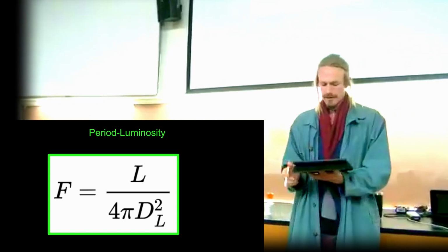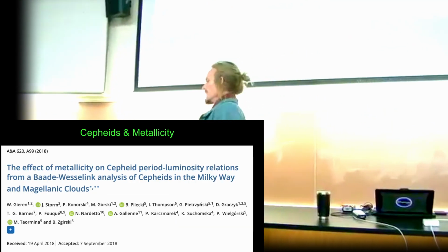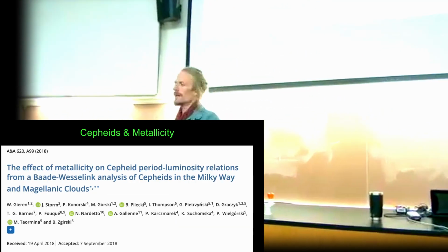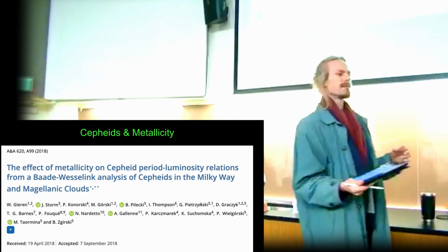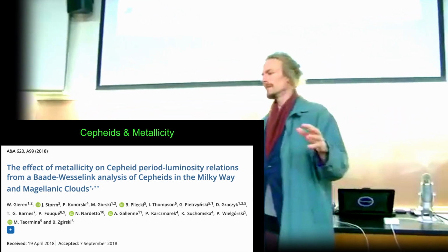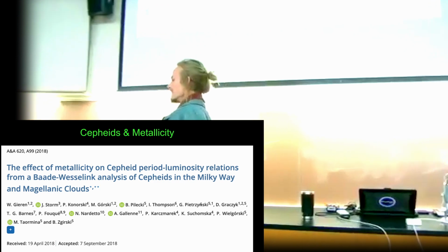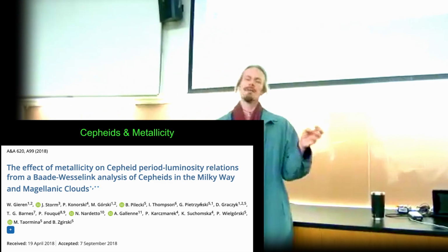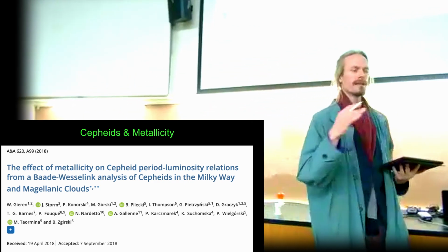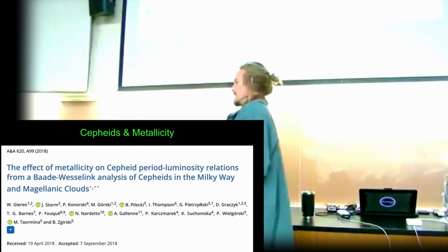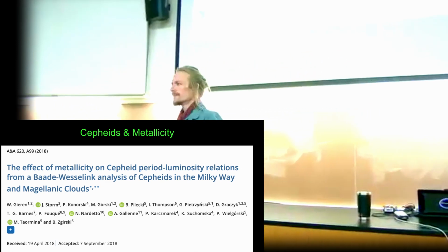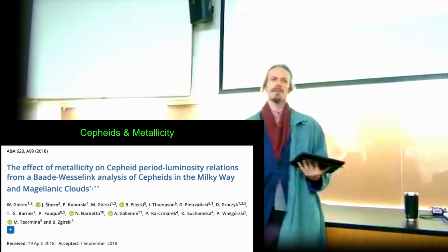Now, like I said, there's some issues. One of the problems is that depending on the composition of these pulsating stars, you could run into different measurements looking at the same type of star. If we assume something that's pulsating with a particular period is the same as another one, it turns out that you can actually get different measurements, right?